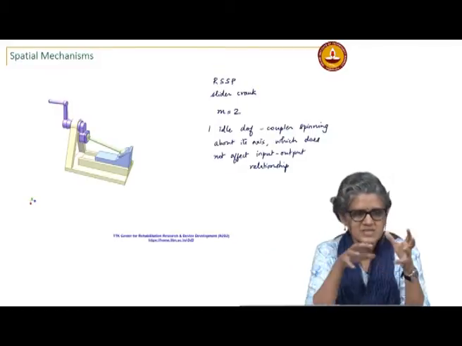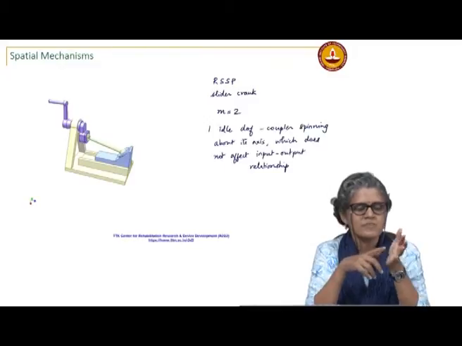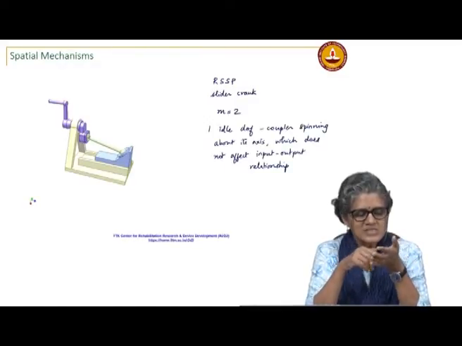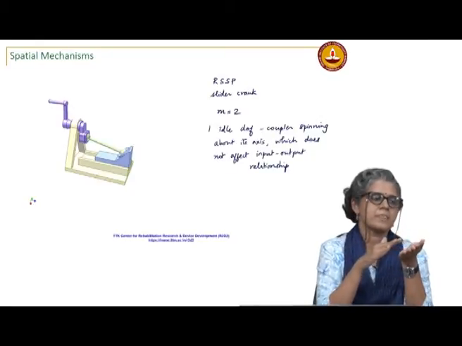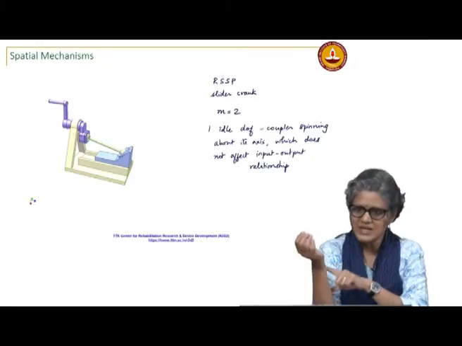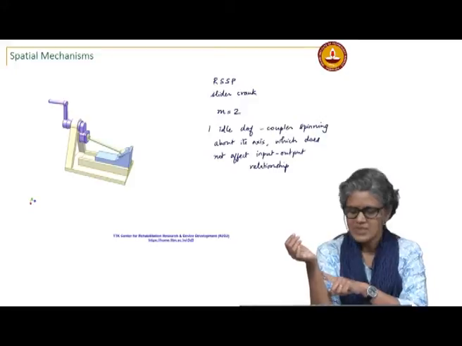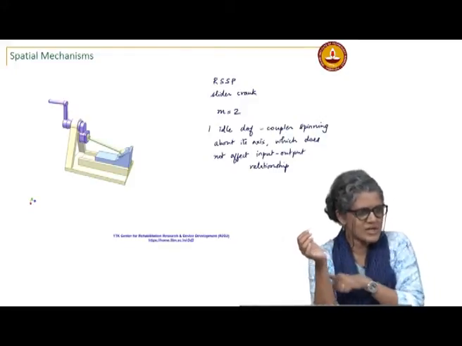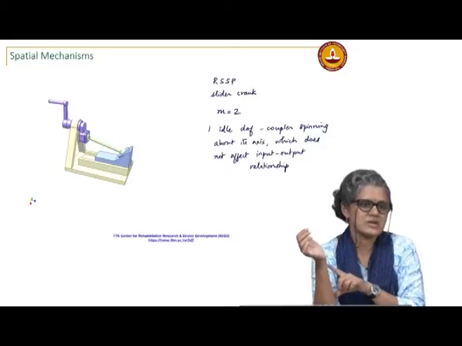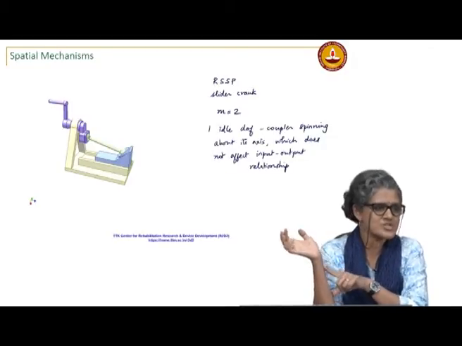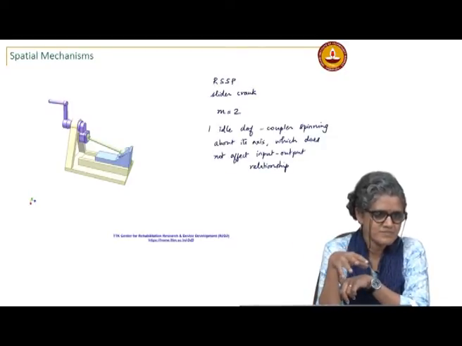You have these things moving with respect to each other. The reason it is convenient is that if there is a frame rigidly attached to a link, all the points on that link can be easily described with respect to that coordinate frame, and it is not going to change as the linkage moves.